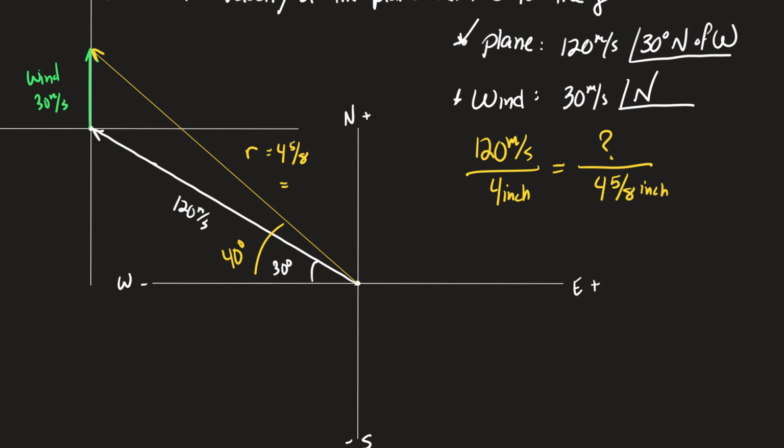I'm going to grab my handy dandy calculator. Alrighty, so 120 divided by 4, 4 5/8. I find that my question mark is 138.75, or I'm going to say 139 meters per second.